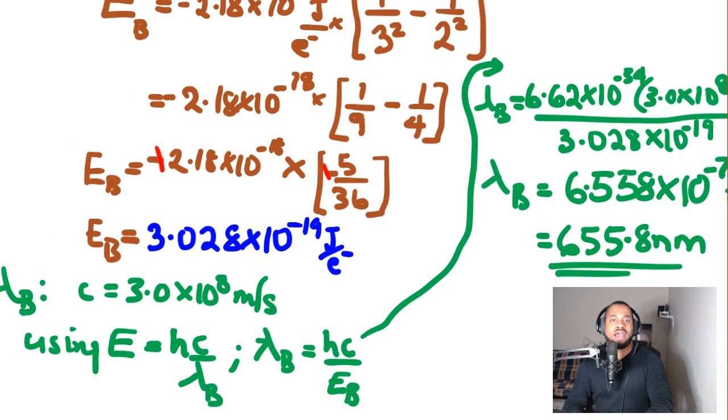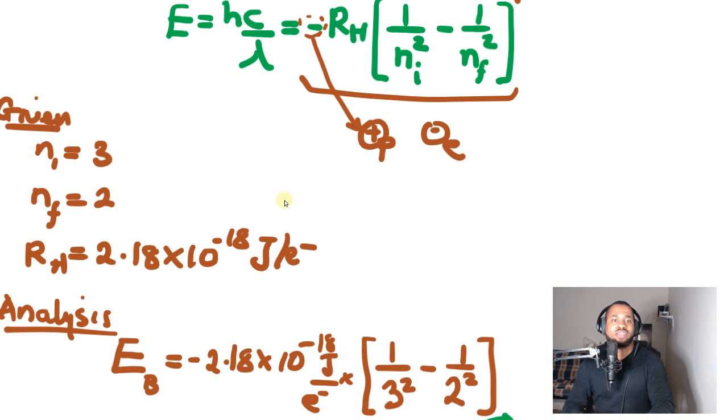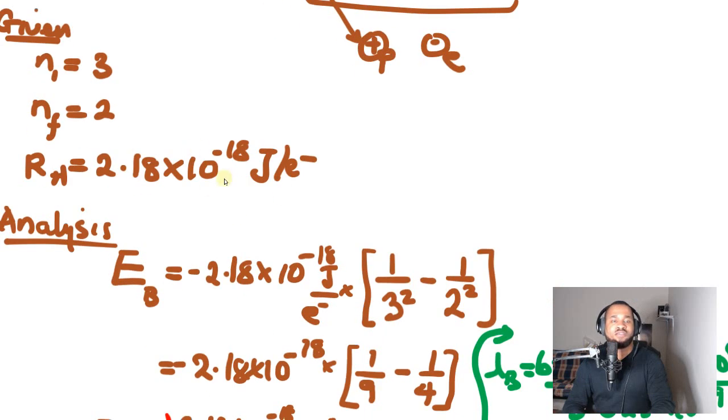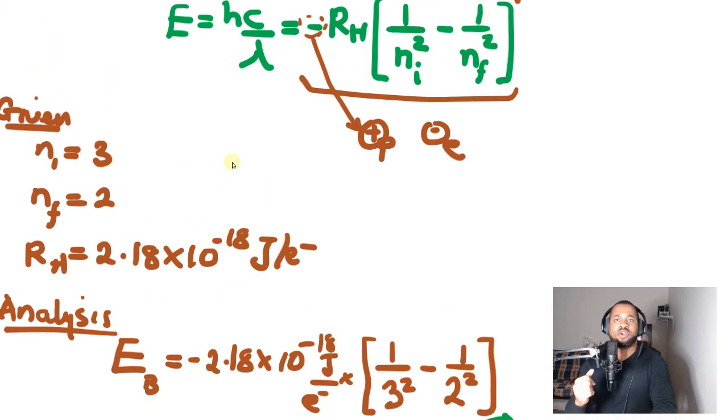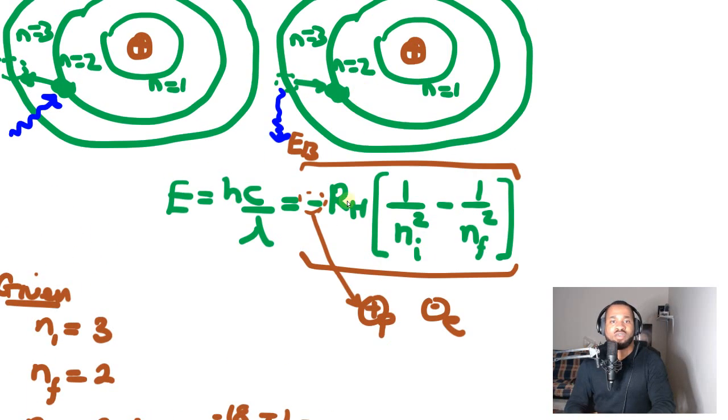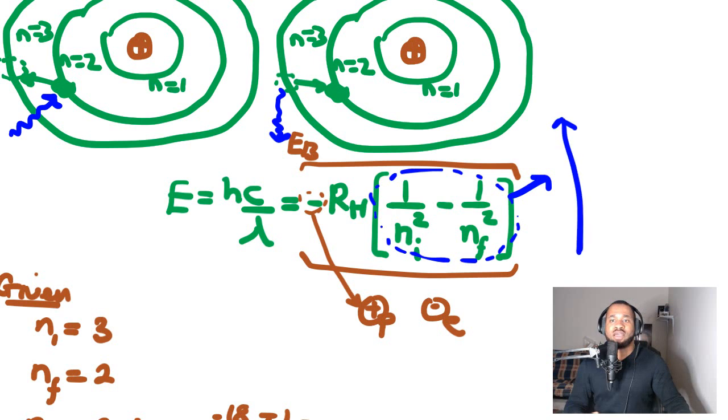So that is about it for how to determine the wavelength coming from the energy that we have right here, and also looking at how the energy is gotten from Niels Bohr's hydrogen atom energy equation, which uses the Rydberg constant. And take note of this expression, because it helps us notice that, looking at the energy levels, we go in smaller gaps as you alternate from one energy level to another.